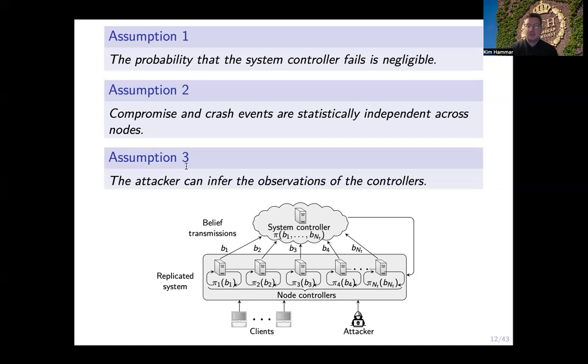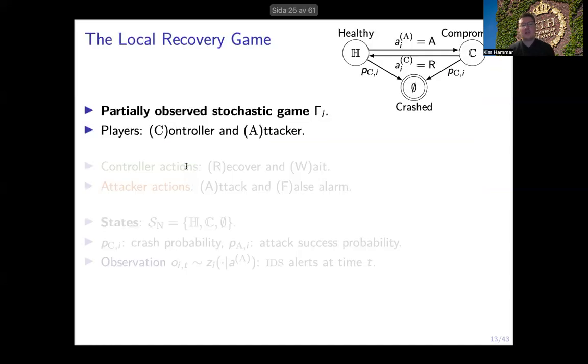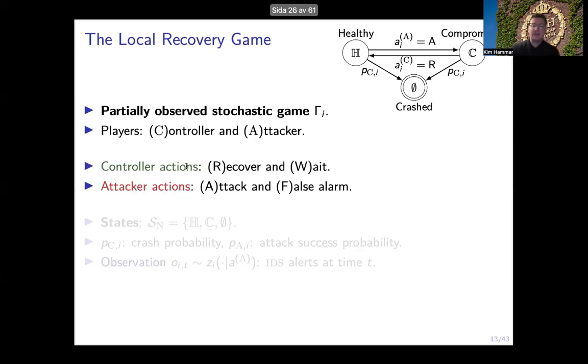And based on these assumptions, we then model the local recovery game as a partially observed stochastic game with two players. So we have the controller and the attacker, each of which can take two actions. The controller can either do recovery or wait, and the attacker can either decide to attack the node, or it can try to deliberately generate false intrusion alarms in order to trigger excess recovery and thereby achieve denial of service.